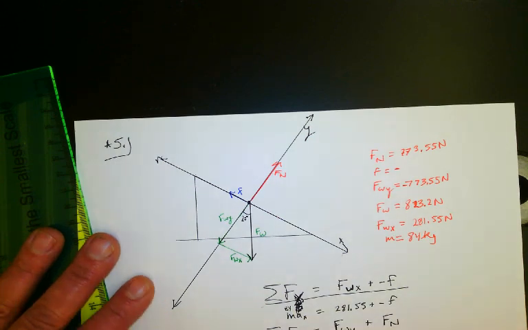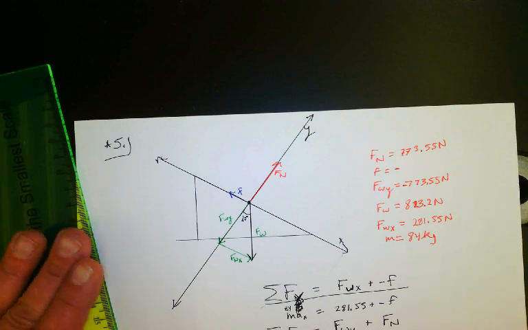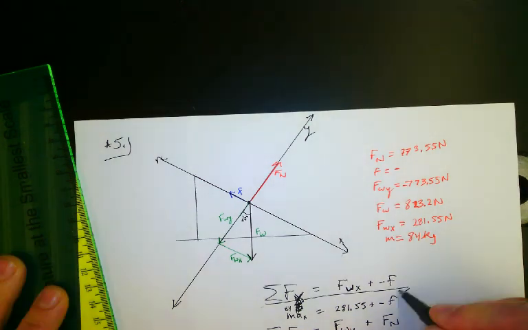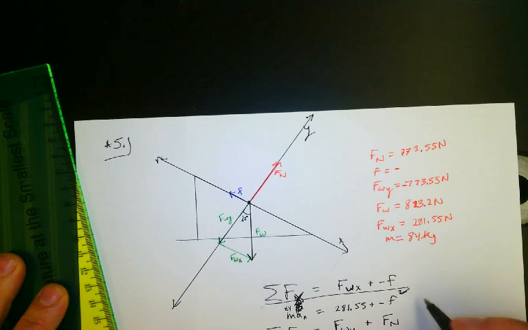Is there any way we can figure out what our frictional force is going to be? Does it say we're accelerating? Can I figure out F? What do I need to know? I'm not going to be able to figure it out this way, like we normally do, because I don't know the acceleration.